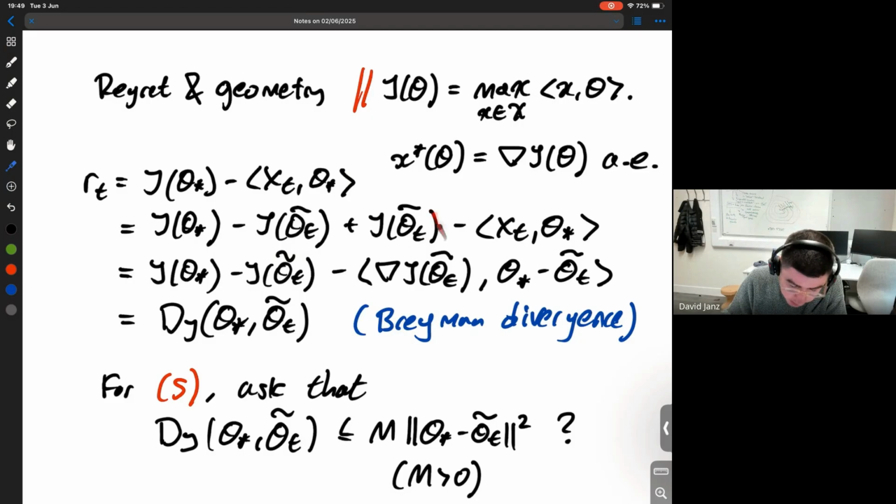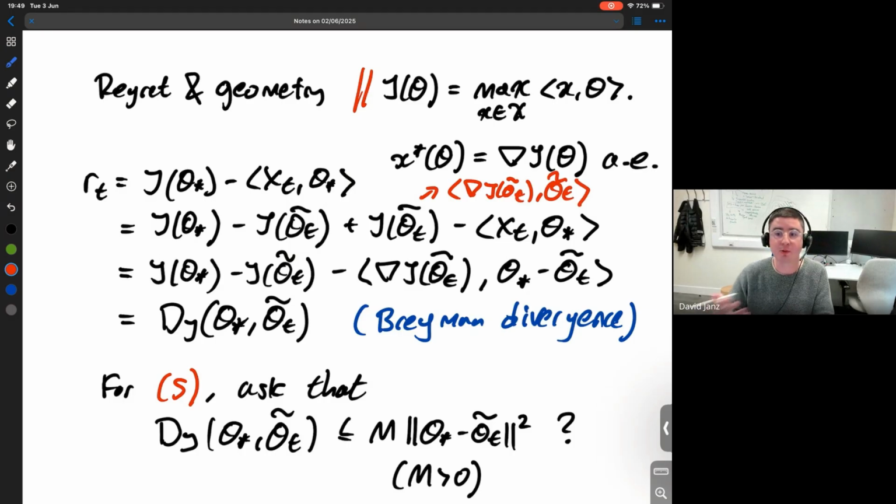Here, we note that this expression, this J, is given just by J theta tilde t, comma theta tilde t. This is by definition the inner product of the optimal arm and the parameter itself. The regret is just the Bregman divergence, or a slight generalization of it if you don't have strong convexity and if you don't have pointwise differentiability.